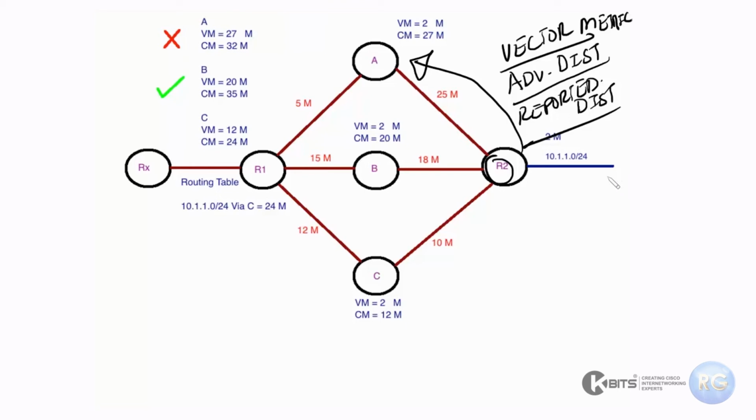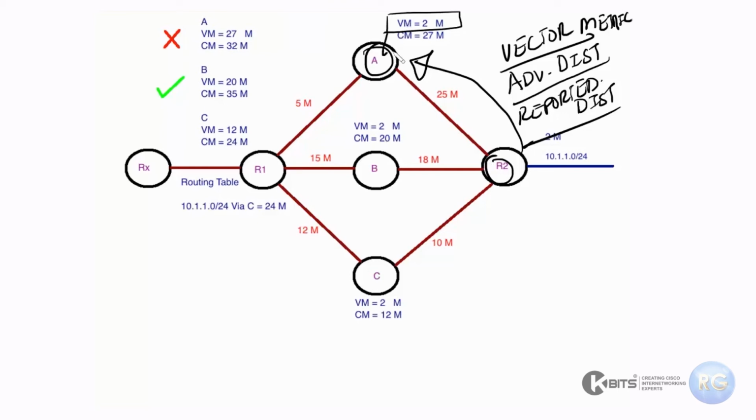Vector metric, advertised distance, reported distance is what router 2 sent to A. What did A do with that vector metric or advertised distance or reported distance? He added the cost from A to R2. Agreed? Yeah?